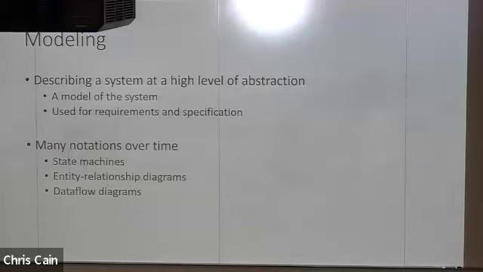So what does it mean to model something? Well, it means we're going to be looking at that at a high level of abstraction. If you can think about writing code in an object-oriented world, it involves writing classes, and these classes are going to relate to each other to solve some kind of problem.